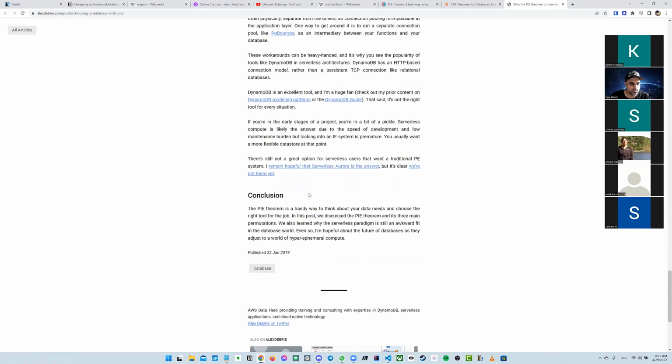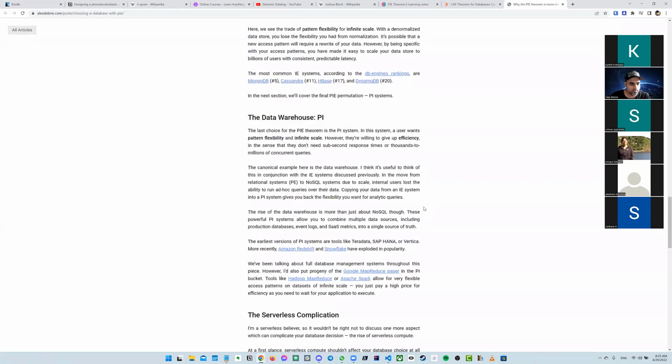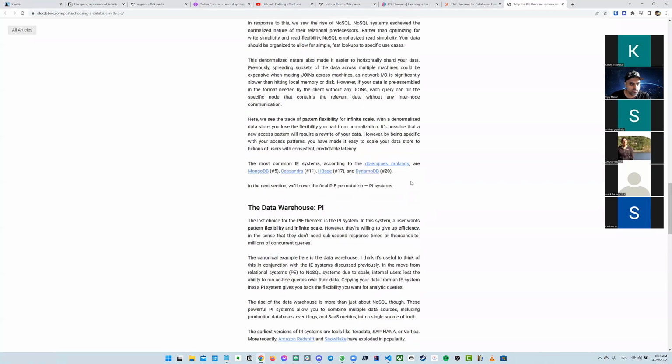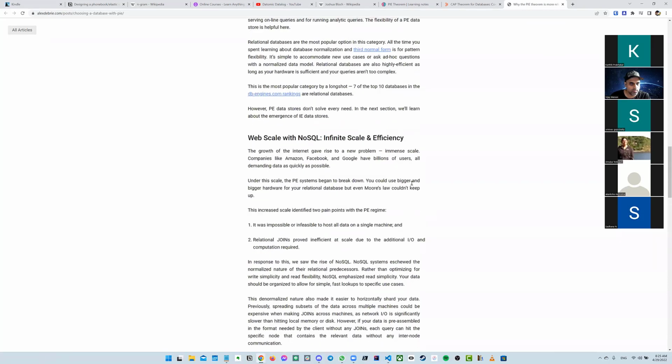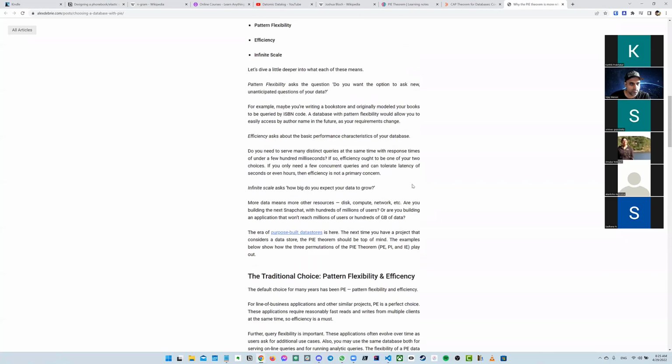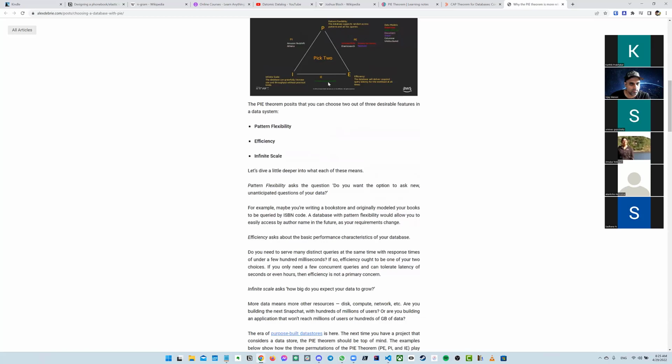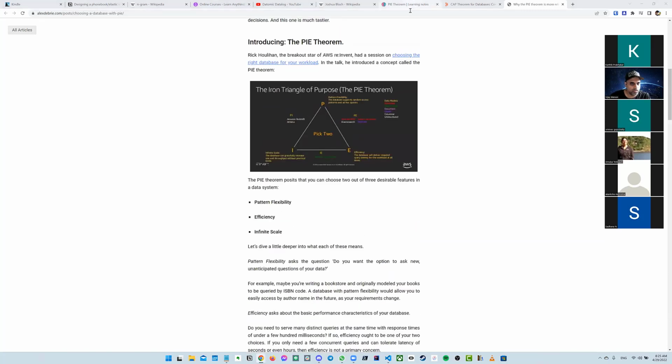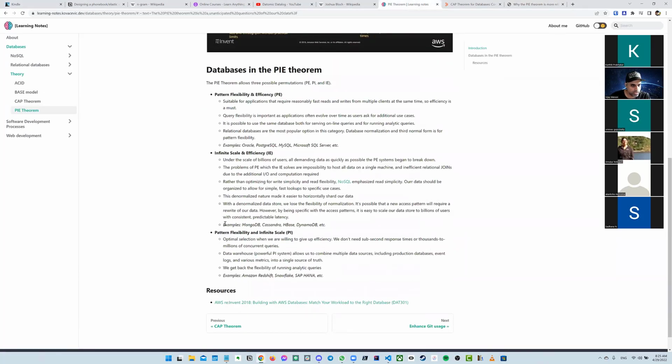I think they are mentioning all other variables. I think they tried to put the most common PIE systems relevant to Amazon. The most common PIE systems are MongoDB, Cassandra, HBase, and DynamoDB.